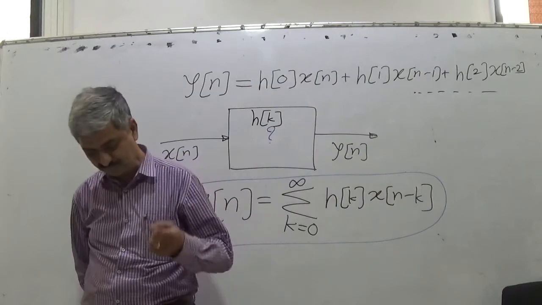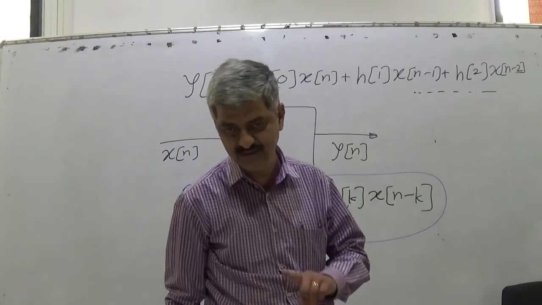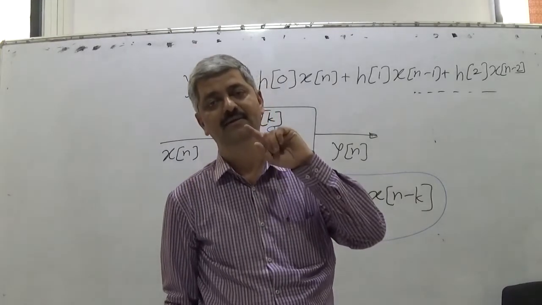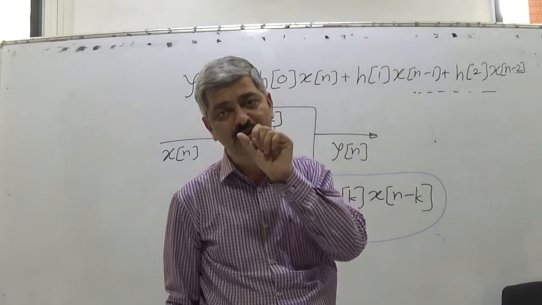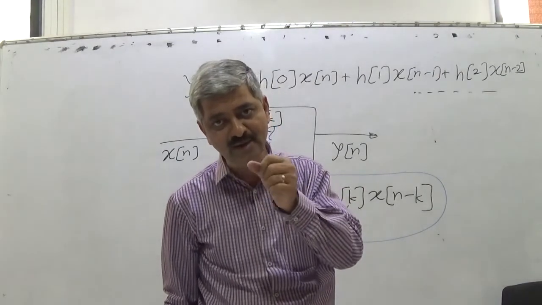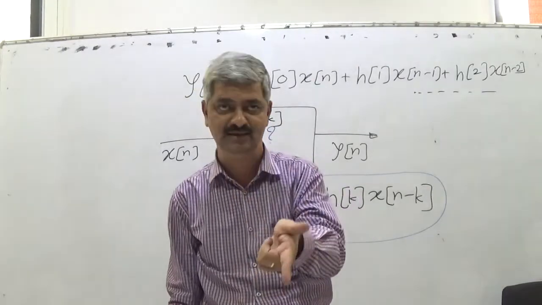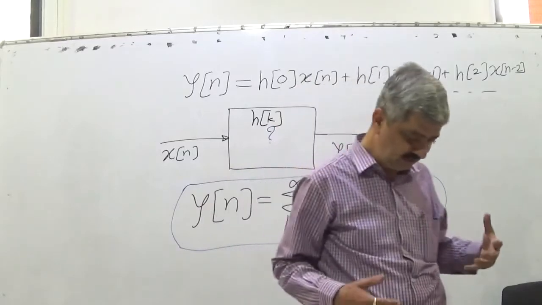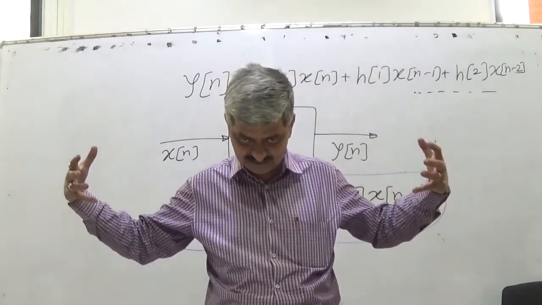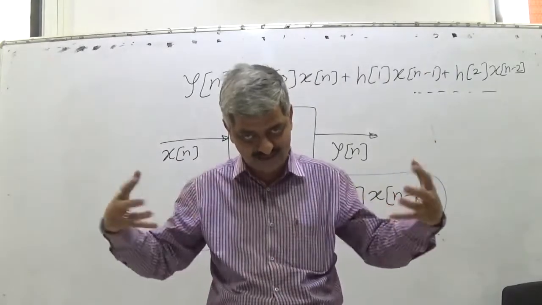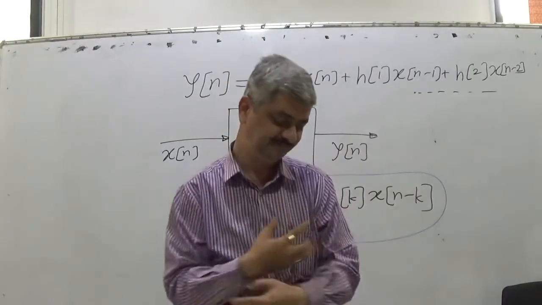The output is nothing but a sum of the input sequence multiplied by a weight sequence in a peculiar manner. So convolution is mixing in a given specified manner. It's a very composite mixing.